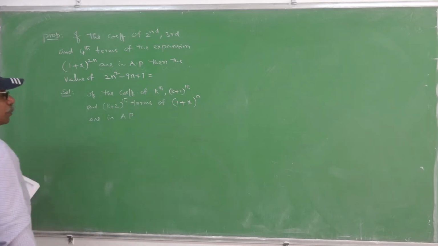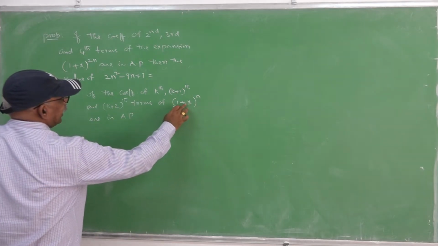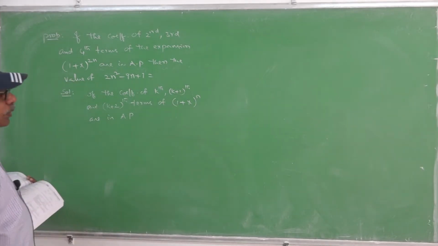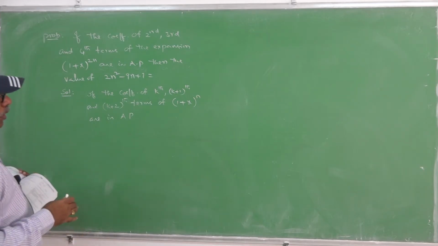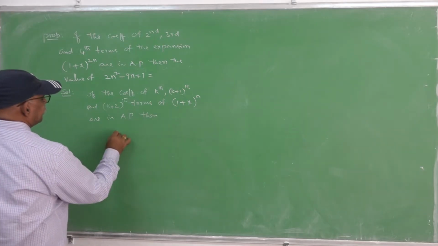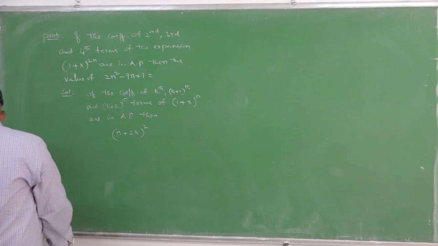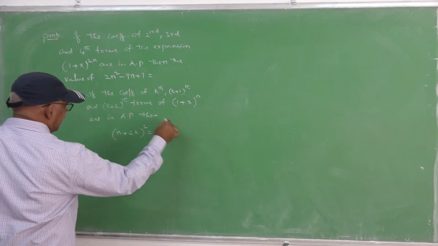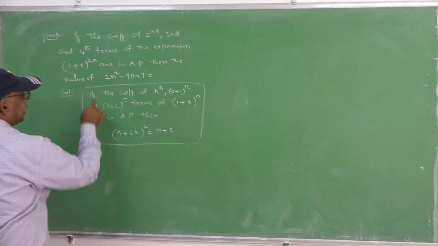Once the expansion is of the form (1 + x)^n, there is no coefficient of x here, and the kth term, k plus 1th term and k plus 2th term are in AP, then (n − 2k)² = n + 2. This is the result related to this problem.